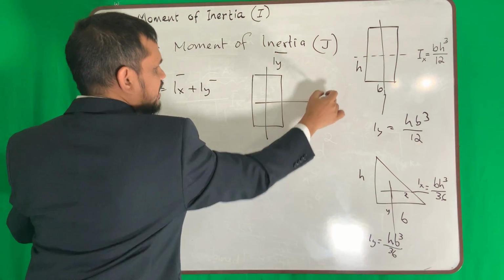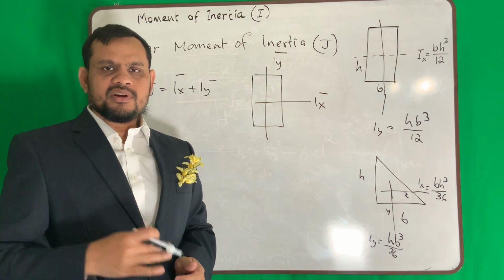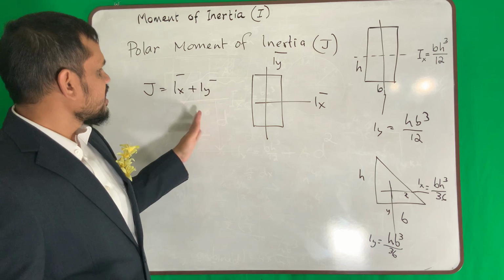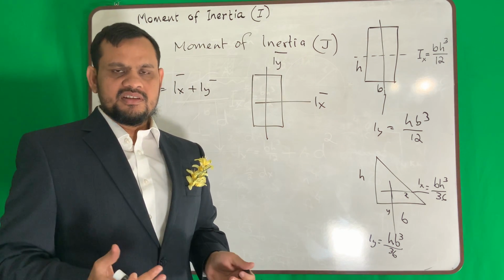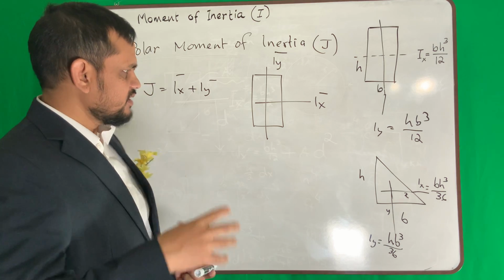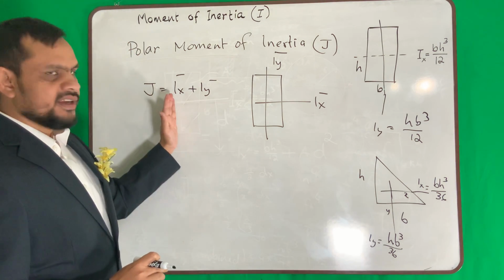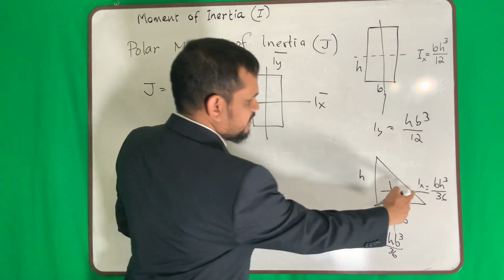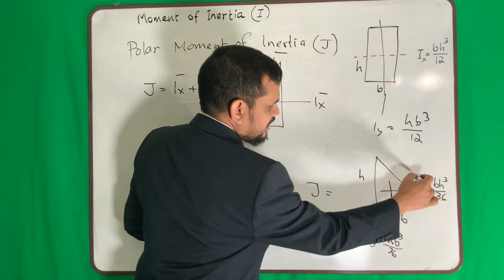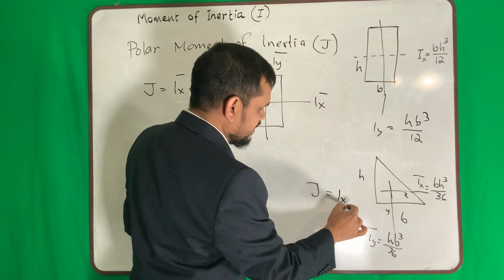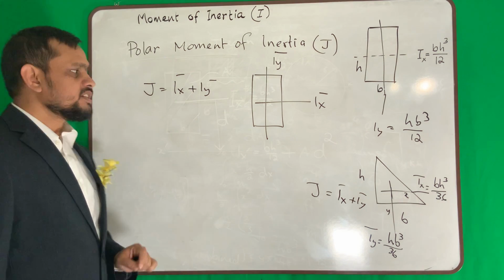Sometimes we use a bar here; the bar represents the centroidal axis. It is better to use the bar, but if you do not, it is not a mistake as long as you know it. So polar moment of inertia is the summation of Ix and Iy. Same thing here: if I use the bar, then Ix bar plus Iy bar. That is polar moment of inertia.